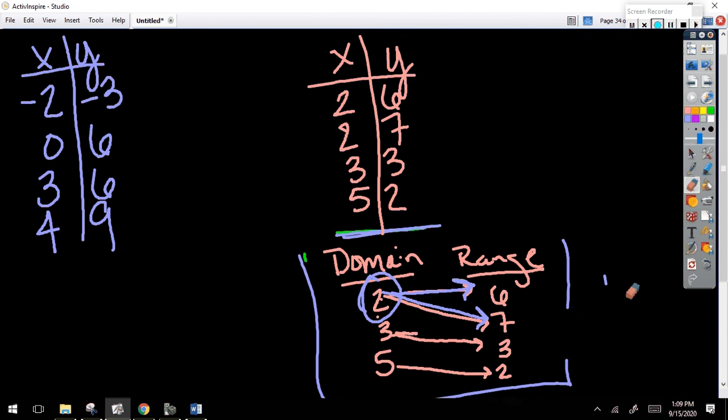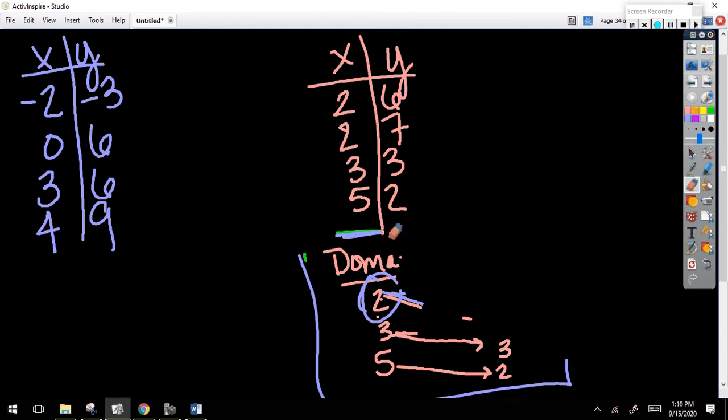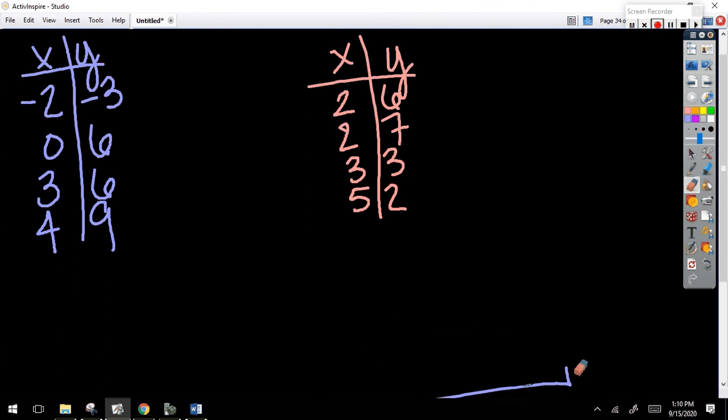Now I want you to look at it because it looks different. We said this is exactly the same thing, just written a different way, right? And we said that this first one is a function. But look, see how I have 2 y's? Is that okay? No. But you told me it was a function. All right, it's still a function, because think about it like this.